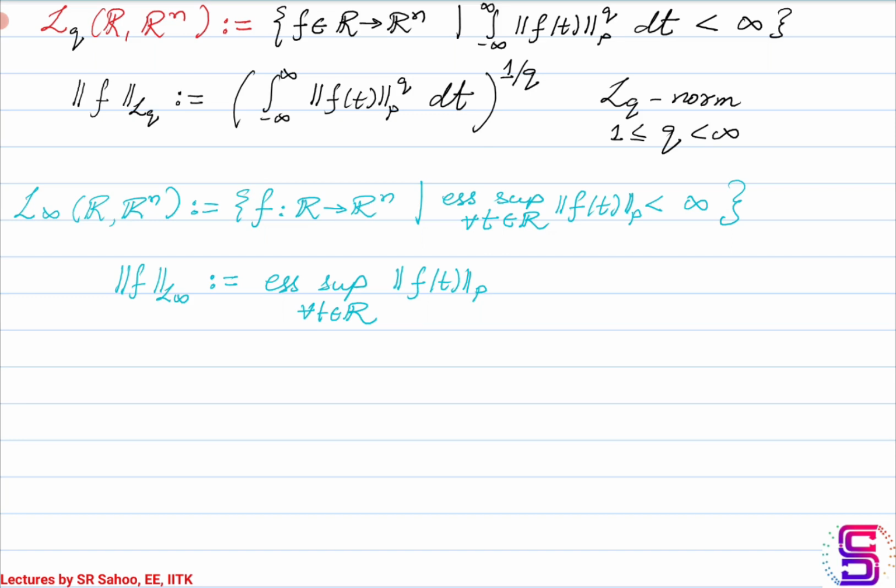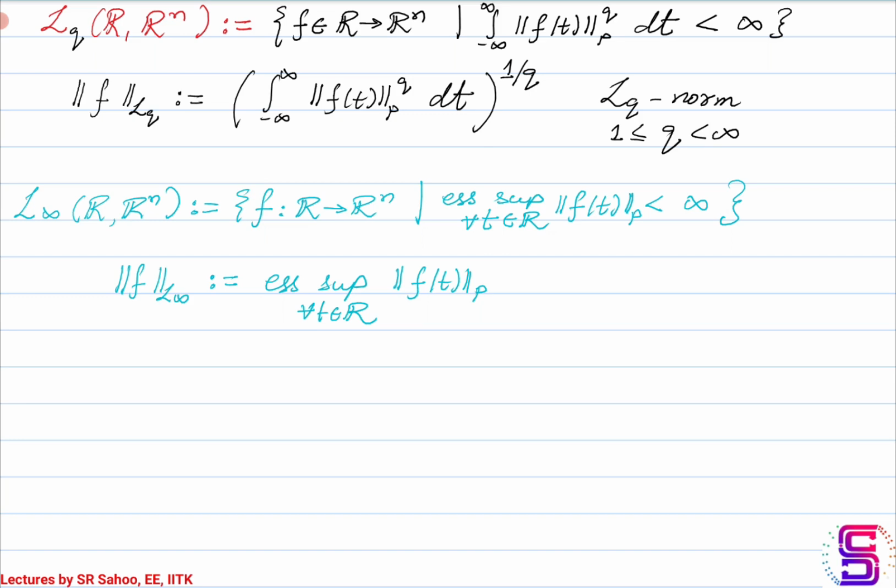So at every instant of time, you will calculate what f of t is and take a p norm of f of t. Once you take the p norm of f of t, you will see what is the maximum that it can obtain if there is a max, or what is the minimum value that can upper bound these particular norms. So that is the supremum.